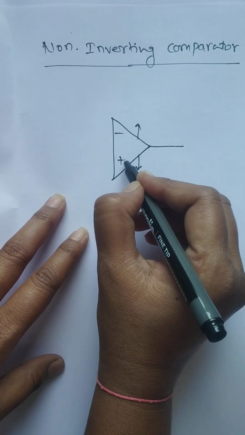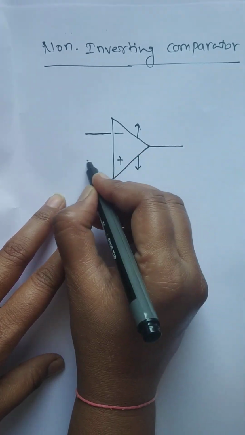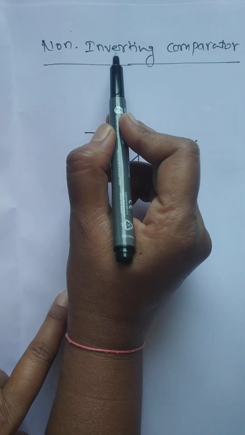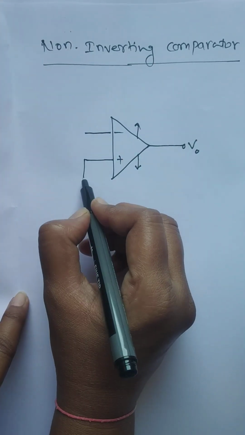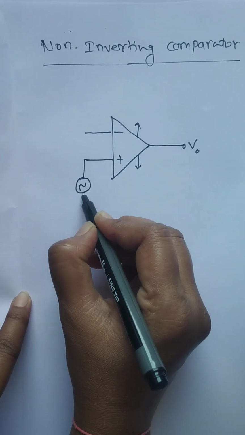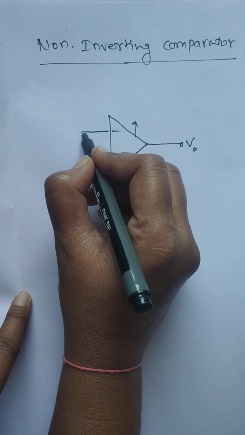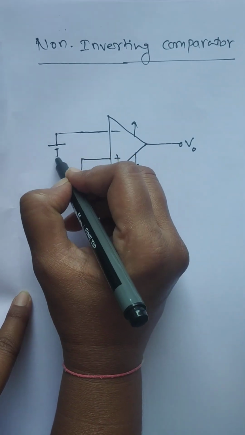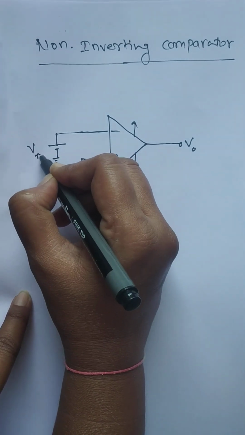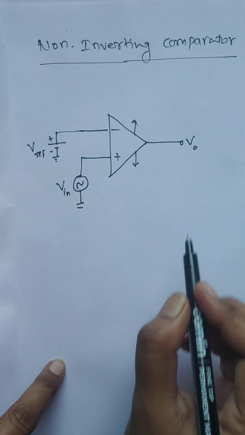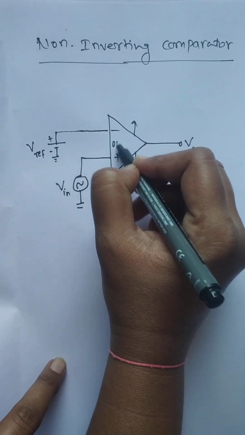First you have to draw a proper symbol of the op-amp. Now as the name is non-inverting, we have to connect our input voltage at the non-inverting terminal. And let us connect some V reference voltage at the inverting terminal.